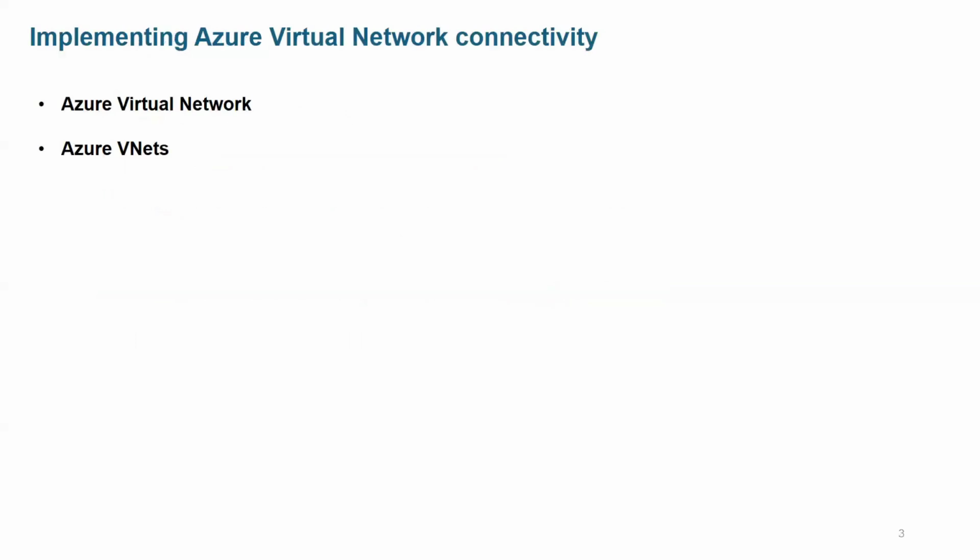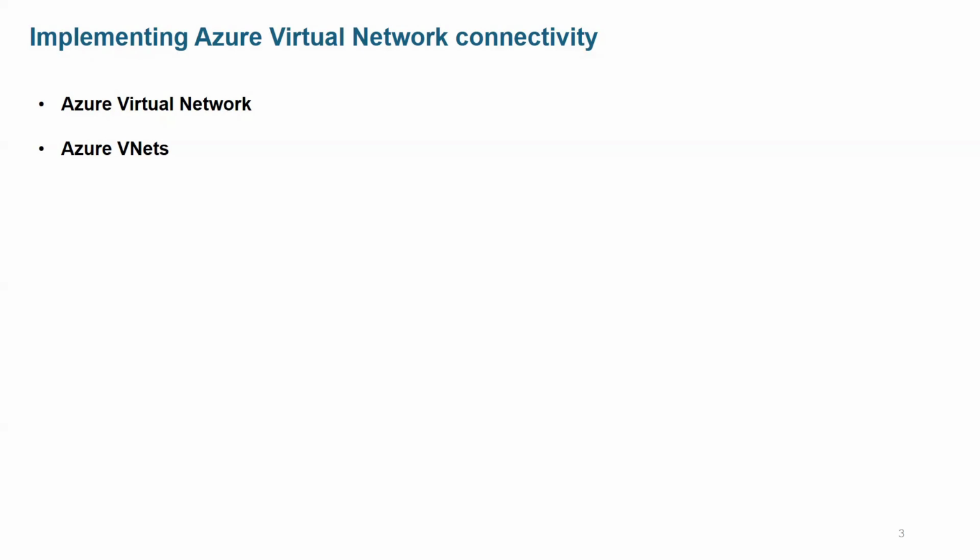Azure Virtual Network. Azure VNets. What is Azure Virtual Network and Azure VNets? When deploying an Azure Virtual Desktop environment, we require Azure Virtual Network VNets. So VNets and subnets we require.